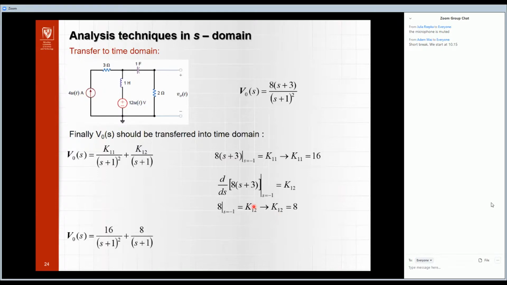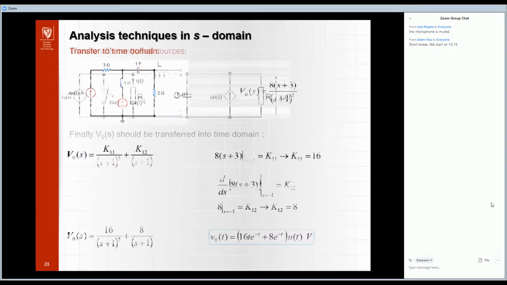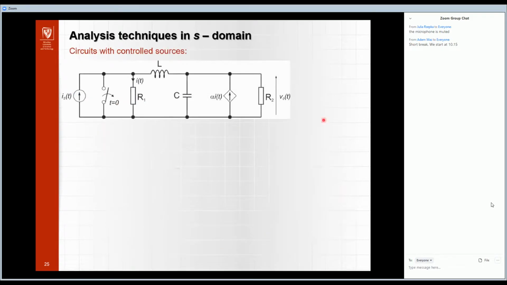As a result, we obtain such partial fraction equations for V0 in the S domain. Now it is simple to change to the time domain, and in the time domain we obtain such a value for the output. Okay, so now a short example of circuits with a controlled source.